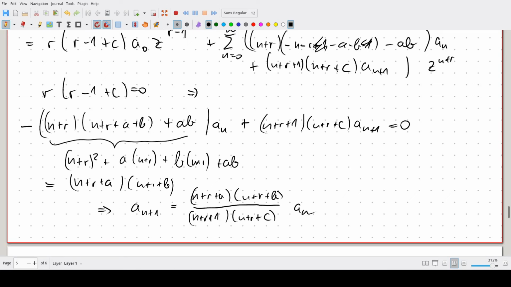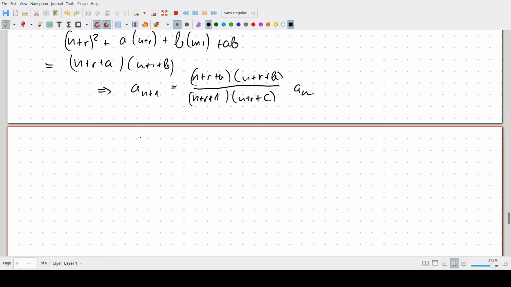And from our initial equation, we get that either r is 0 or r is 1 minus c. Yeah, if we now iterate this, we see that for every step we go down, we acquire another four of these factors, but each time with a different n.